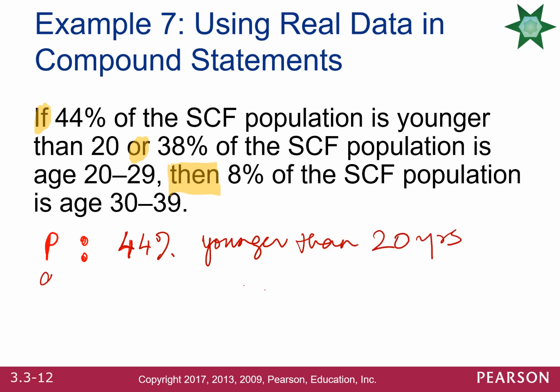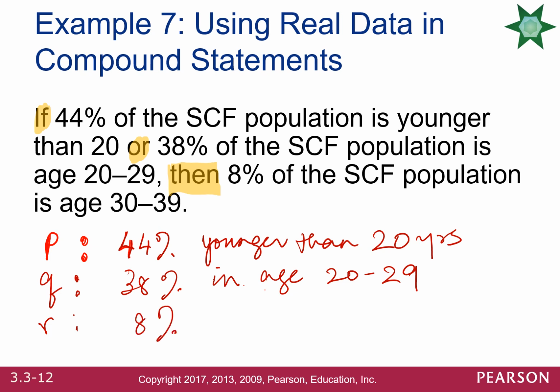And Q, we'll denote Q as 38% in age group 20 to 29, and R will be 8% in age 30 to 39.